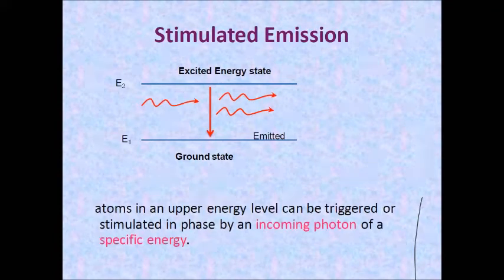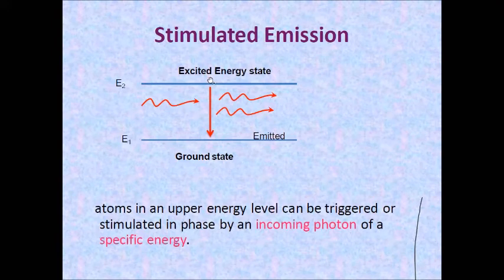What happens in stimulated emission? Say we have atoms in the high energy state. Now we allow another photon of a certain energy, say hν, which is equal to E2 minus E1, obviously, to fall on the atom in the high energy state.